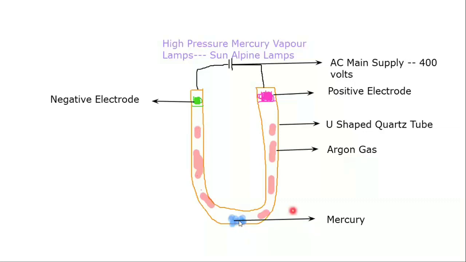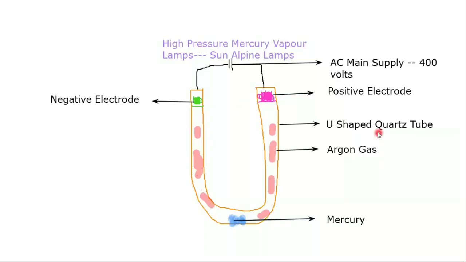The mercury is enclosed in the tube, and the tube is sealed at both ends. A U-shaped glass tube is used to act as a point source. The burner, this U-shaped tube, is made up of quartz.